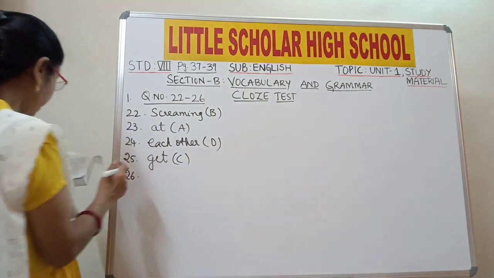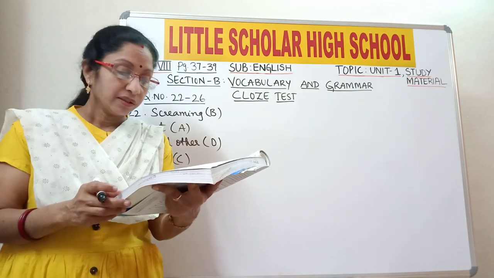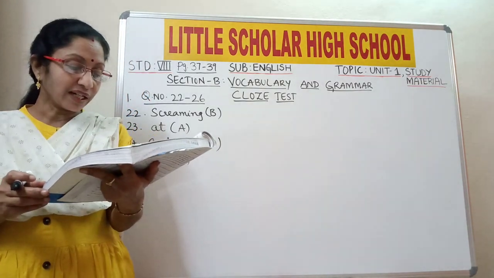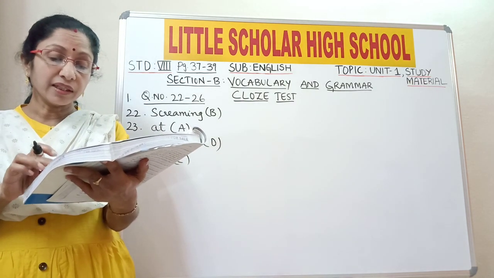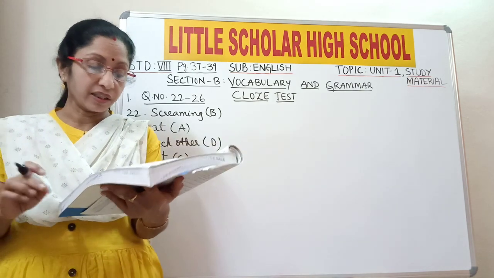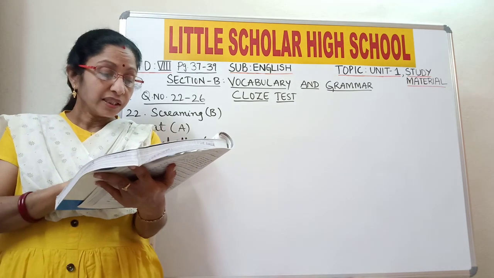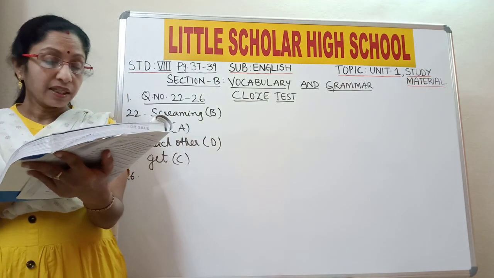Question number 26. Nicholas observed a girl was dash squatting nearby. She was waiting for her turn. So how was she squatting? Squatting is sitting down nearby.